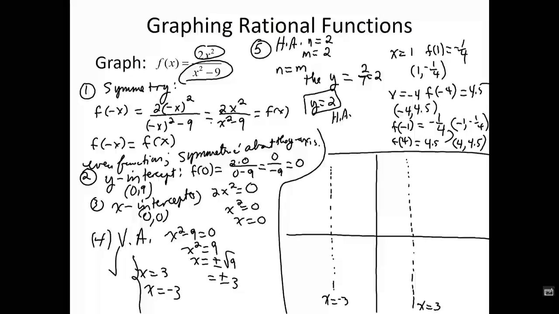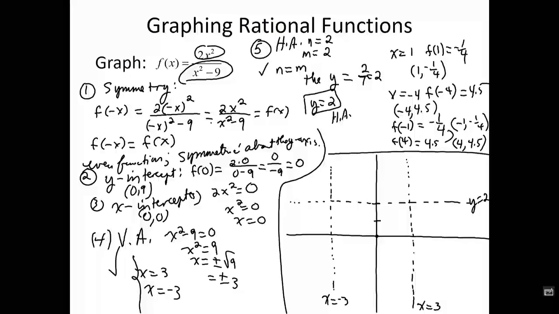We have a horizontal asymptote at y is equal to 2. All right? So this is the line y is equal to 2. What else do we know? Well, we have the x-intercept. The x-intercept is the point (0, 0).